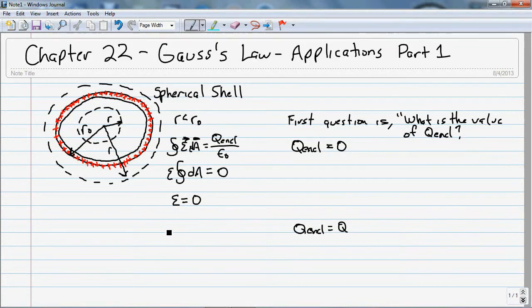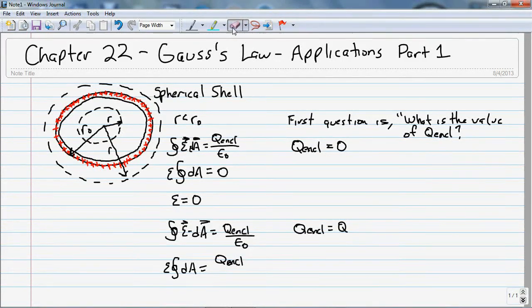So I'm going to have the integral of electric field dot differential area vector equal to q enclosed over epsilon naught. That's just going to be E times the surface integral, is equal to q enclosed.